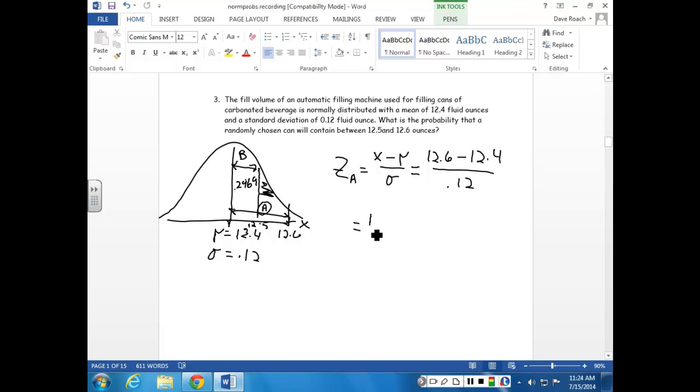It's about 1.67. That's 1.67 standard deviations from the mean. So in your Z table, 1.67 is 4525. And again, we already have that 2969. And I get 1555.